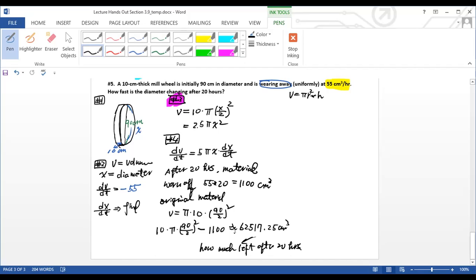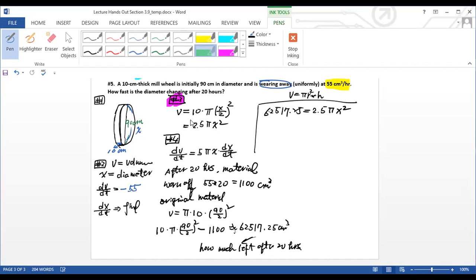Okay, now I can find x. I know the volume here, 62517.25, is equal to 2.5 pi x squared, right?